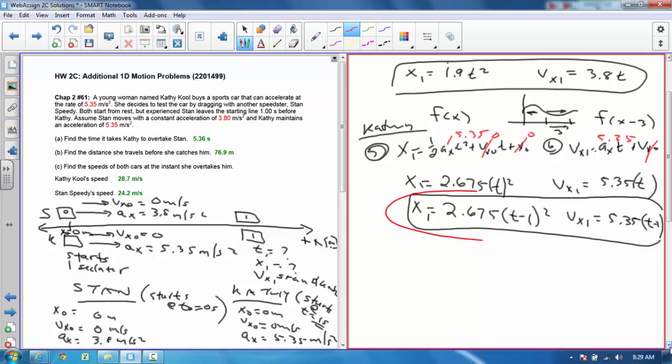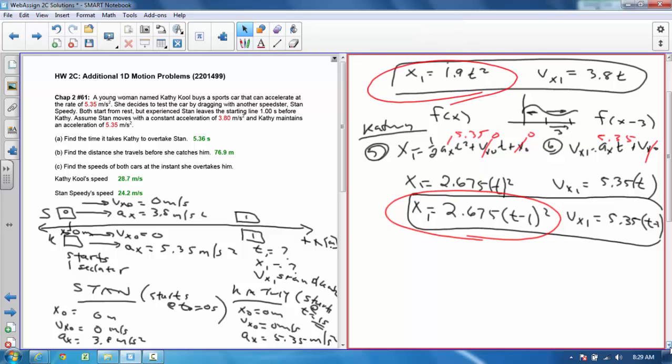Here's Kathy's position. Here's Stan's position. So how am I going to figure out when they're equal? Yeah, when they're equal, these two numbers will be the same, so I get to set these two equations equal to each other. Right? So we're going to have when x1 for Stan equals x1 for Kathy, is what they told us. All right? That's the condition they gave us, so we're going to do that.